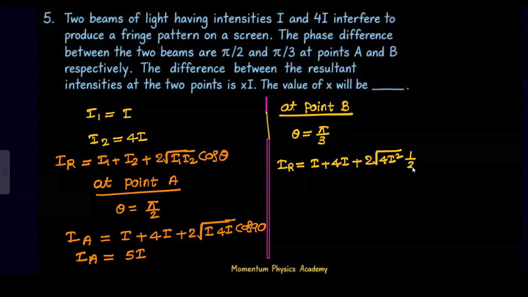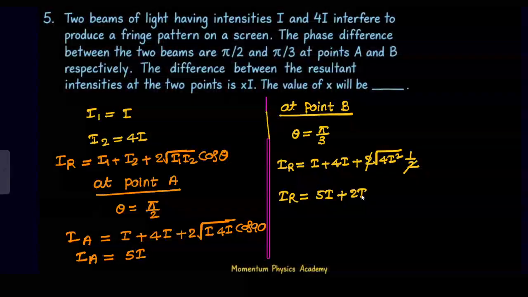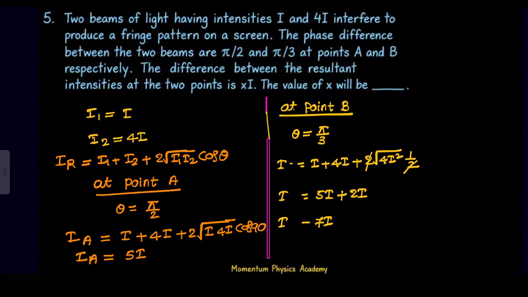Cos 60 value is 1 by 2, so the 2 cancels. This is 5I plus 2I, so IR comes to 7I, and this is the intensity at point B.